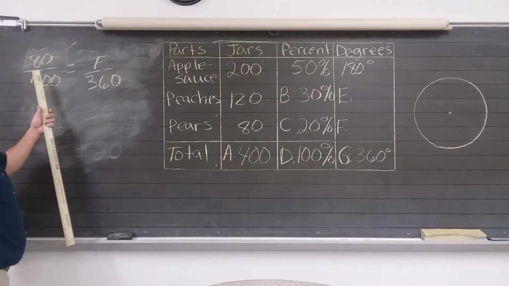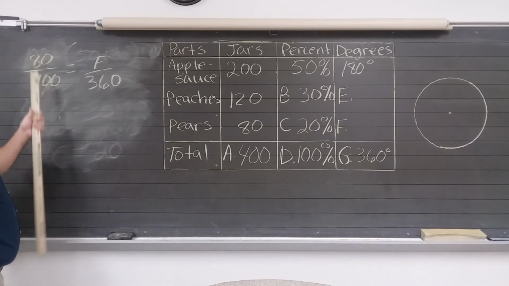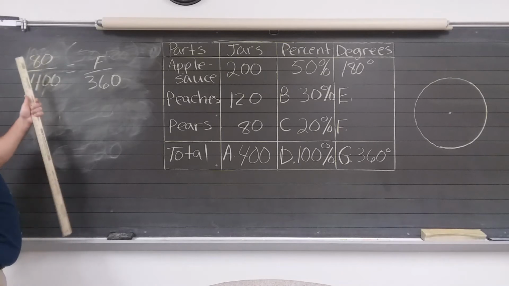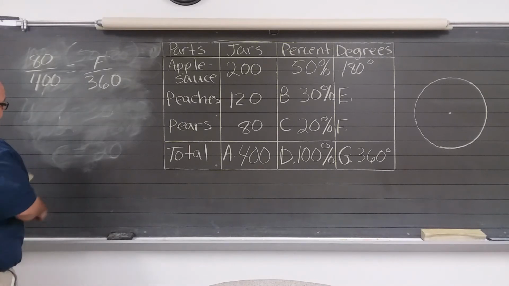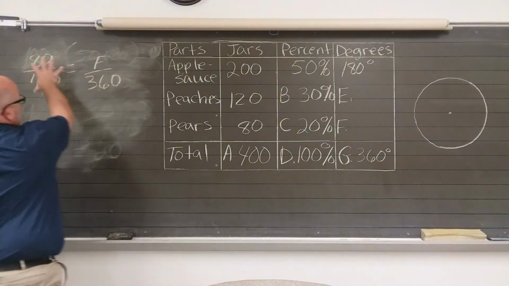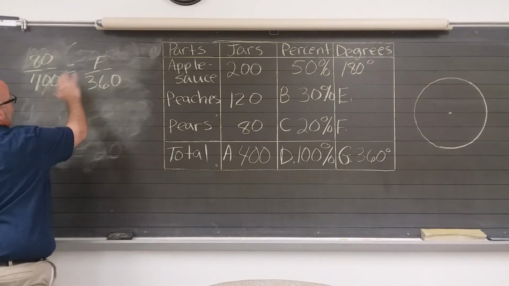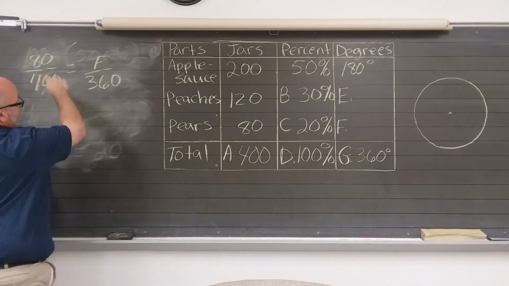You can reduce these to get lower numbers. All right, so 80 over 400 is what? Just let it stay the same. Now let's reduce it. Look at this. You can do this just like this. Okay, it'll be 400F equals 80 times 360.